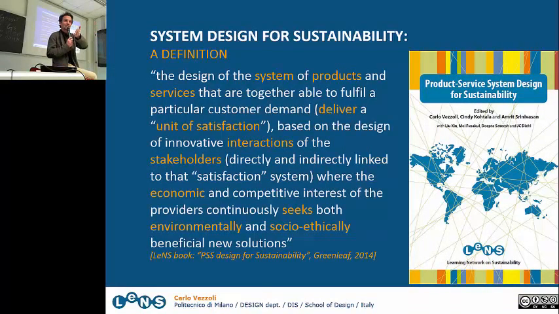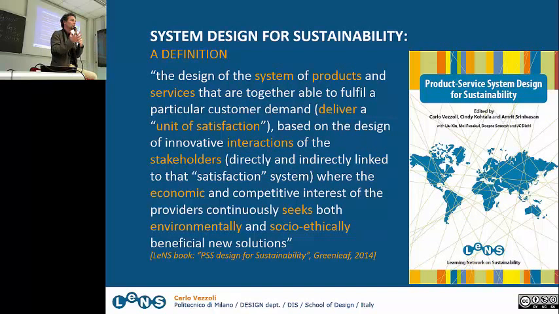A system of products and services that together are able to deliver a unit of satisfaction, a peculiar demand by the customer, based on the design of an innovative interaction among stakeholders, such that, for economic and competitive reasons, the offer of the product and the services is environmentally and socio-ethically sustainable. Okay?